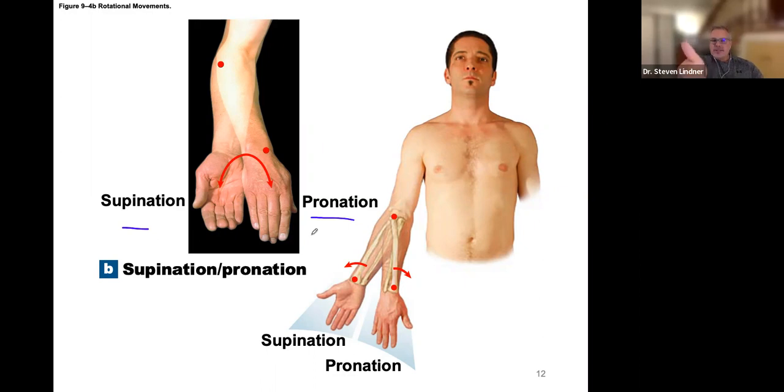But if your elbow is extended and you're internally and externally rotating the shoulder, that can kind of mimic supination and pronation. But with the elbow bent at 90 degrees, supination and pronation is purely supination and pronation. You can't mistake it for shoulder internal and external rotation.